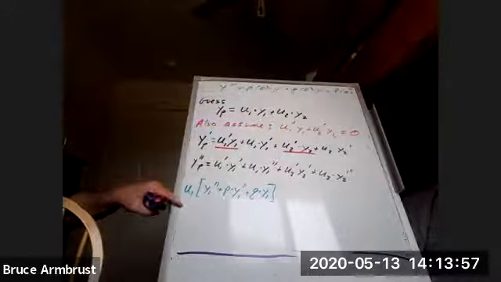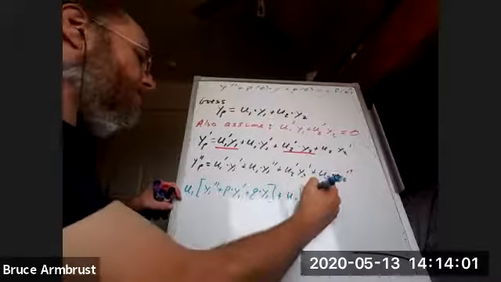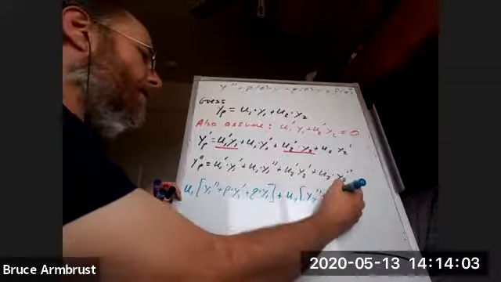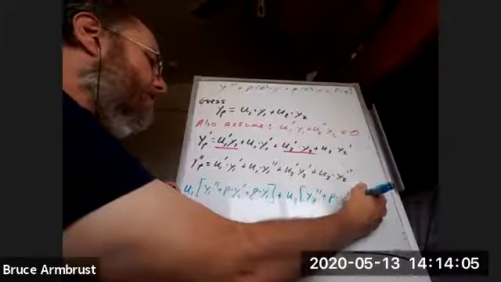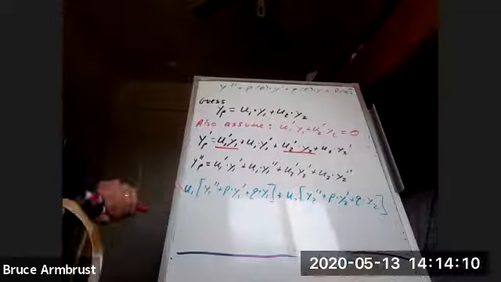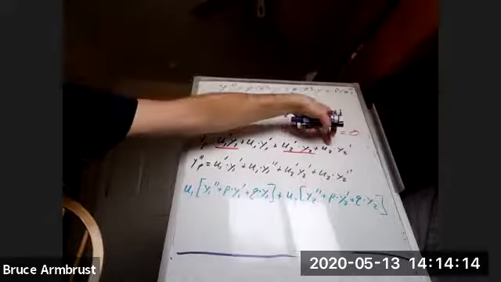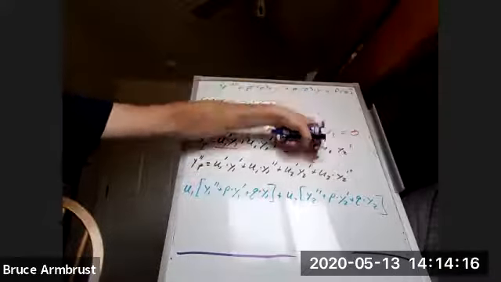So that's all the ones with the u1. Similarly, with the u2, we're going to get y2 double prime plus p times y2 prime plus q times y2. And that's going to be this piece and this piece.